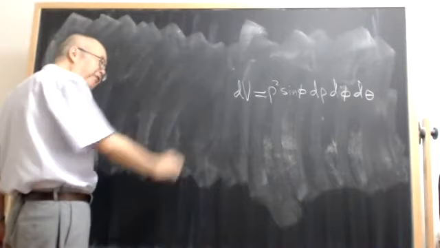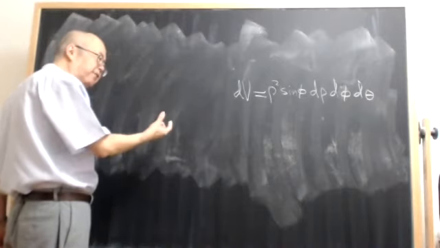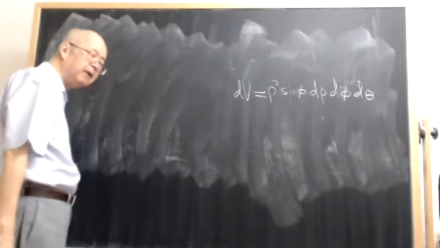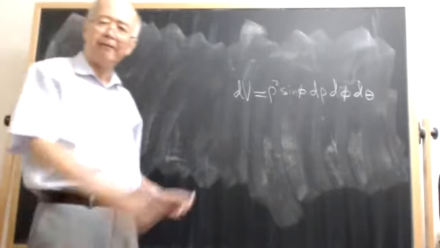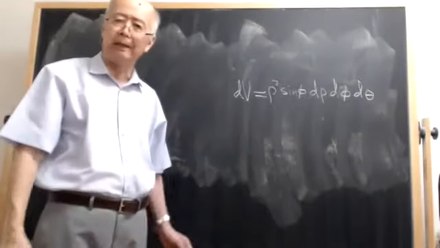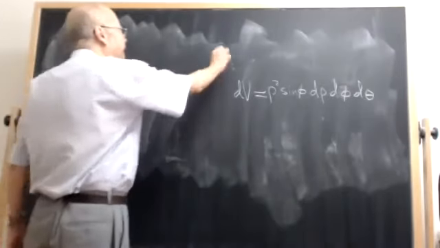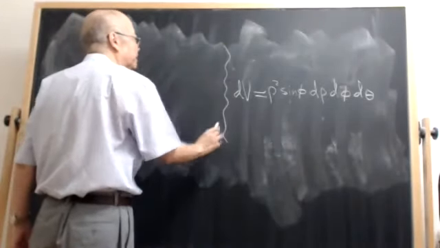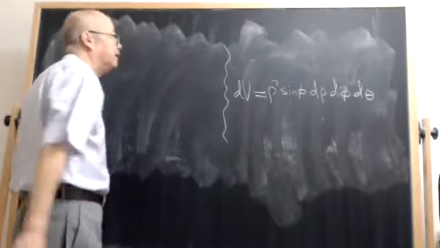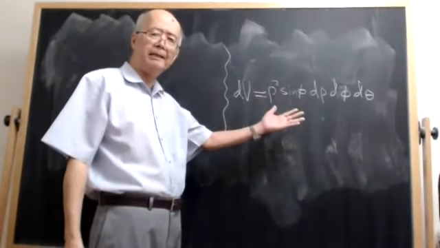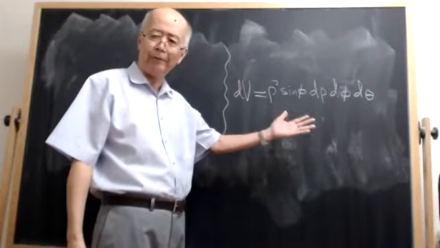Each such spherical rectangle has a volume. And then you add them all up and you get the volume of the solid. The same idea that we have been using, except that the technicalities are more colorful.